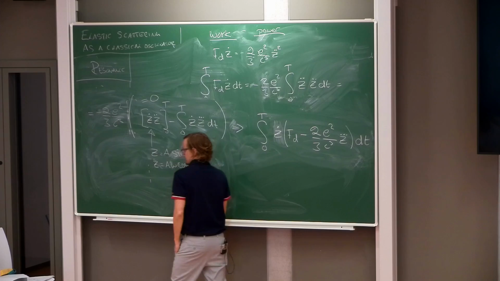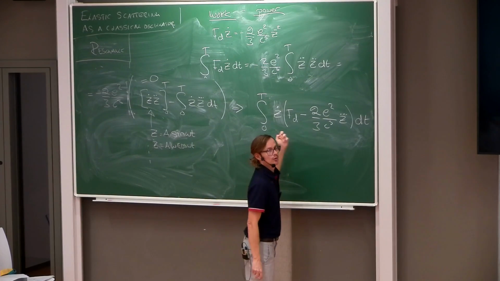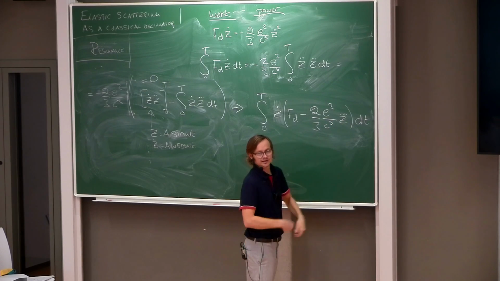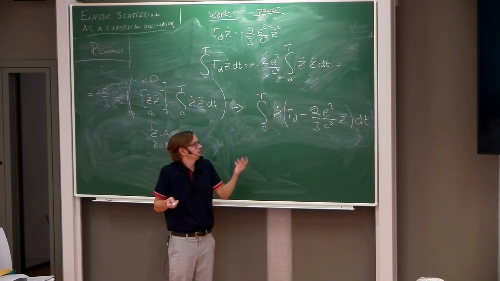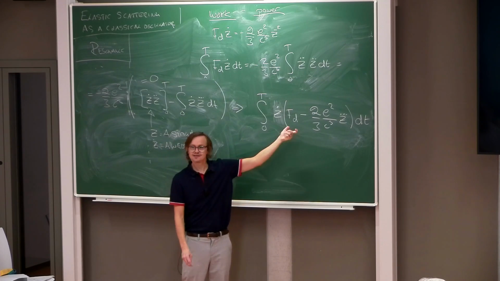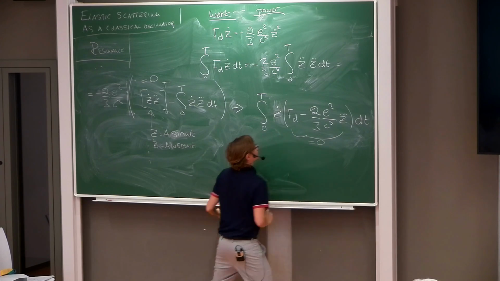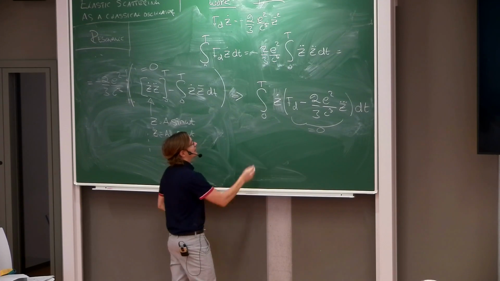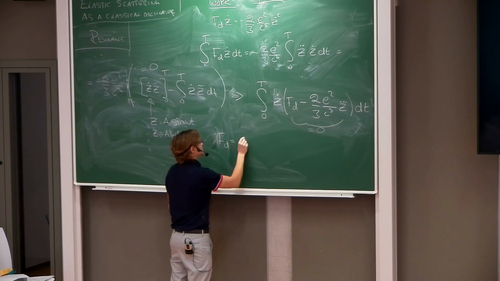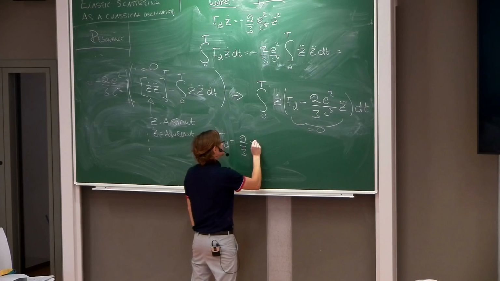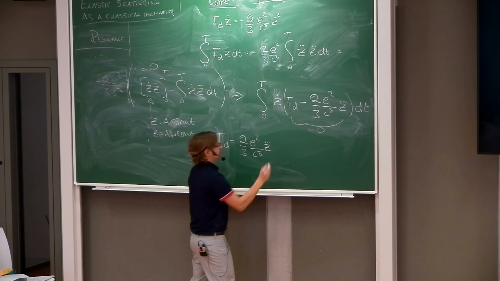Okay. Now the thing, of course, is that these are both the same order. You know, there's 2 in between. They won't cancel. So the only way this integral is always going to be 0 is for this to be 0. So we have identified our damping as 2/3 e squared over c cubed times c triple dot.